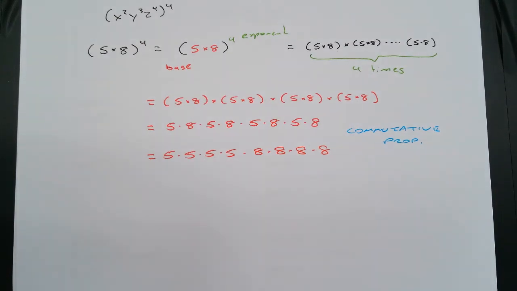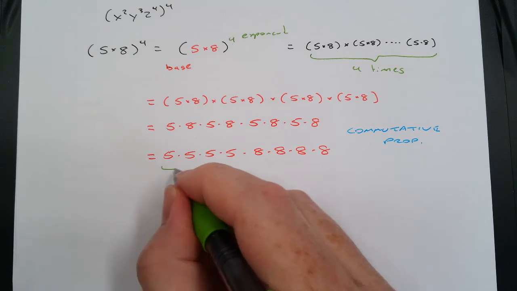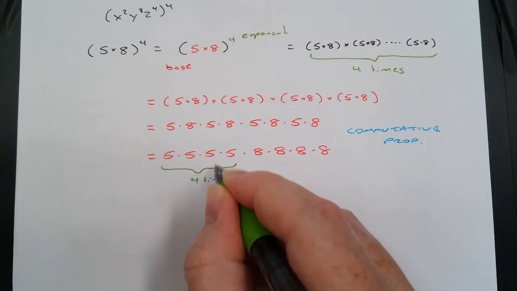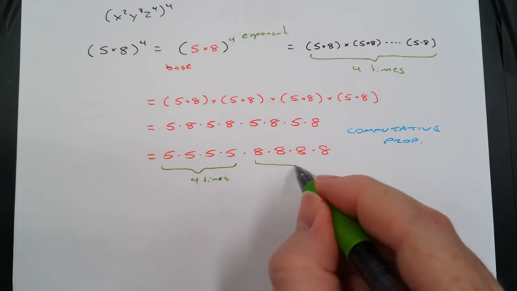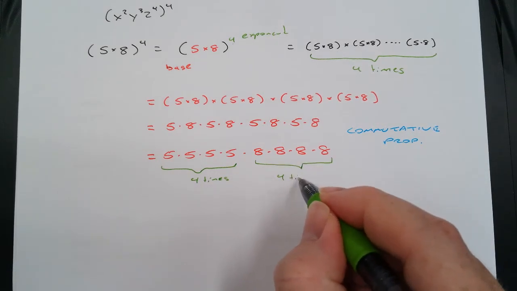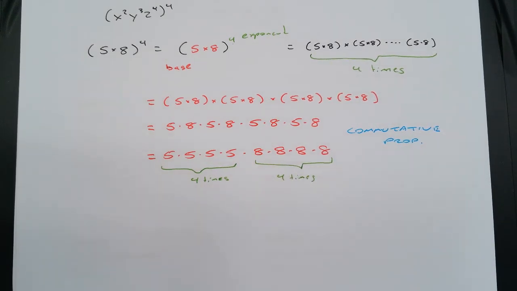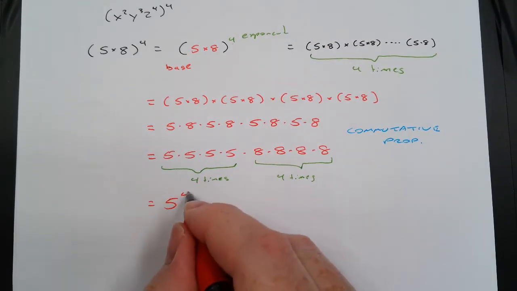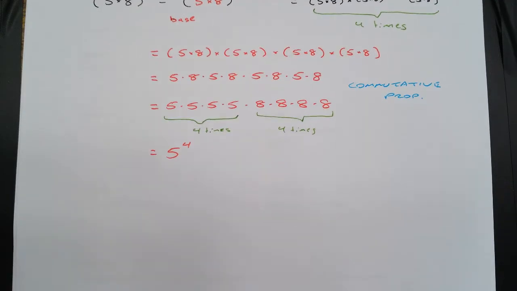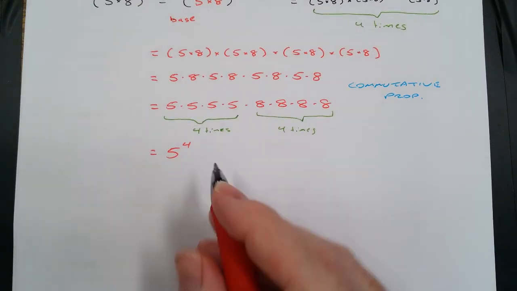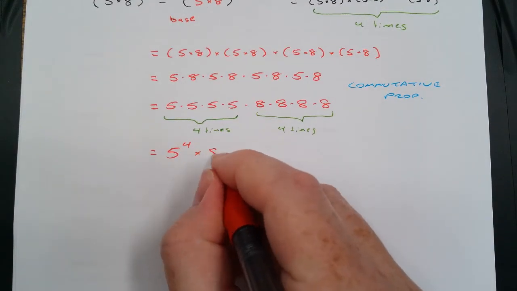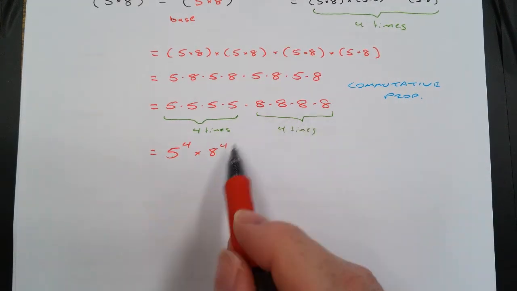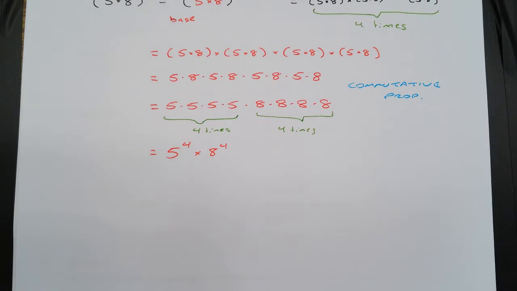Now, when I do this, you should see that there's 4 5s. I see 5 4 times, and I see 8 4 times. So to simplify this, I can just write 5 4 times, not 5 times 4, 5 4 times, times 8 4 times, not 8 times 4, 8 4 times.